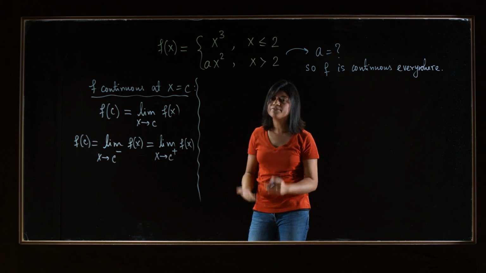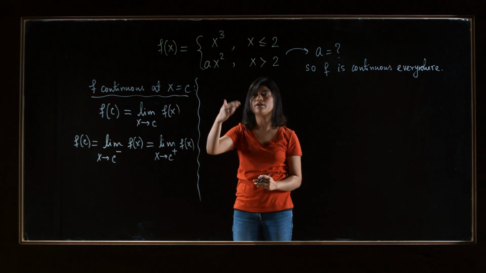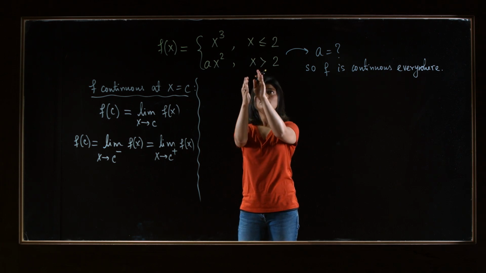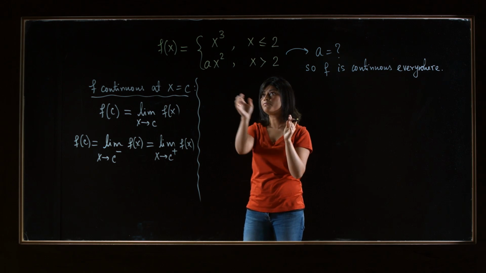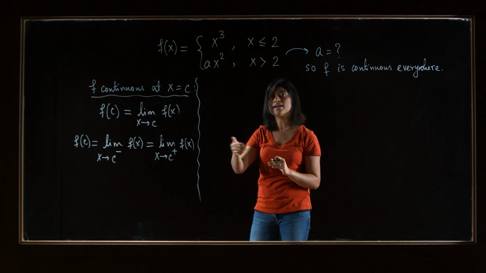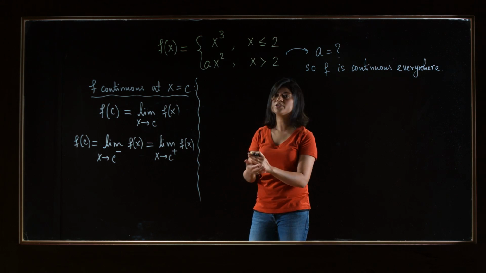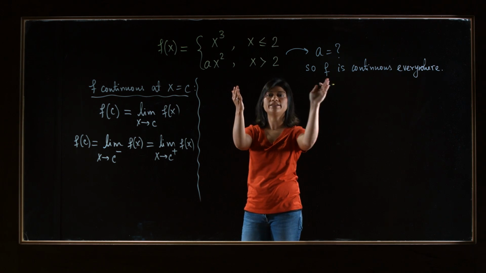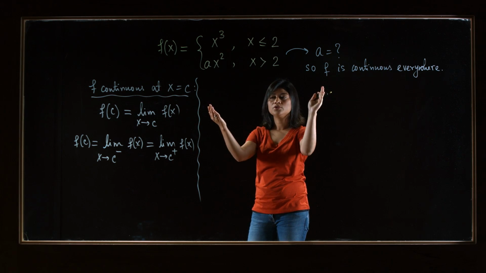So the function is definitely continuous everywhere up to 2. On the right-hand side, when x is greater than 2, the function looks like some constant times x squared. Again, that will be a polynomial, and therefore it is continuous everywhere. And in particular, it will be continuous to the right-hand side of 2.